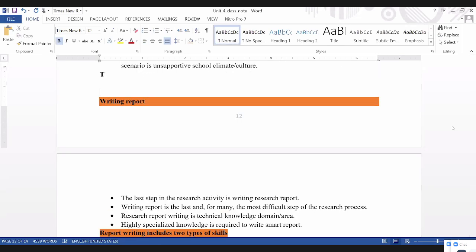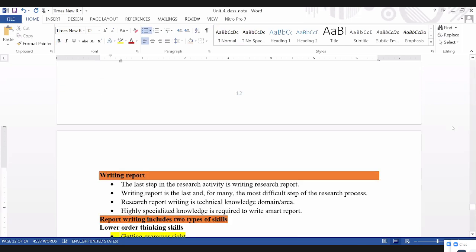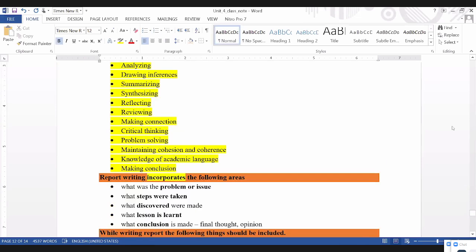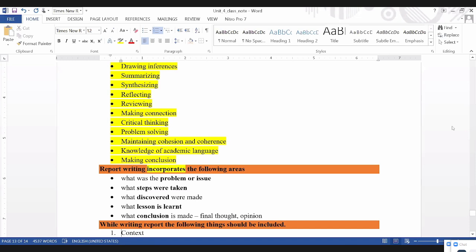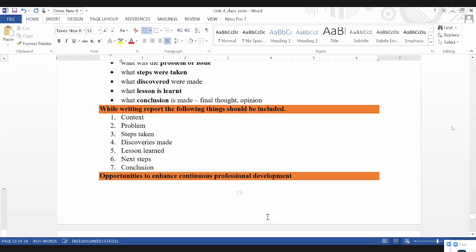Yesterday we discussed simply some key points that should be mentioned when we write a report, like the problems or issue which we focus on to carry out action research, that we have to mention, and steps, what steps were taken, we have to mention, and what discoveries were made, what was the finding or findings, and then lessons learned, then conclusion, final thought, opening, we mention. So this is a simple format of writing a report.